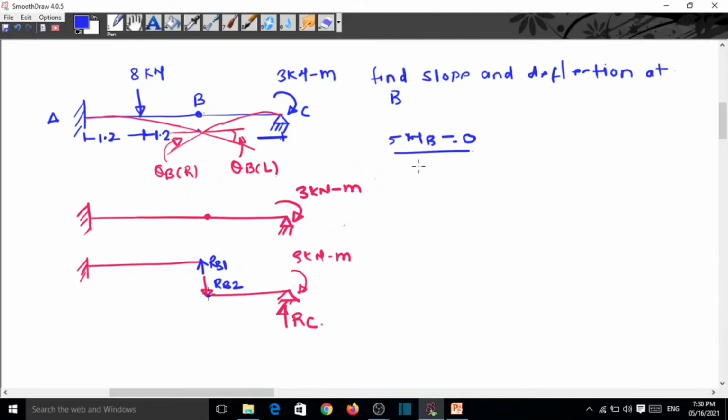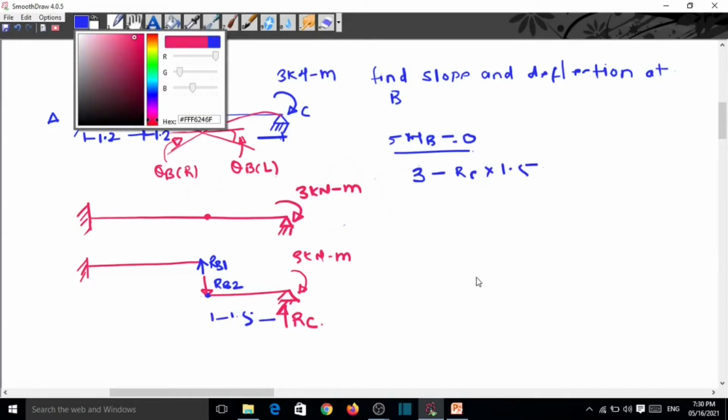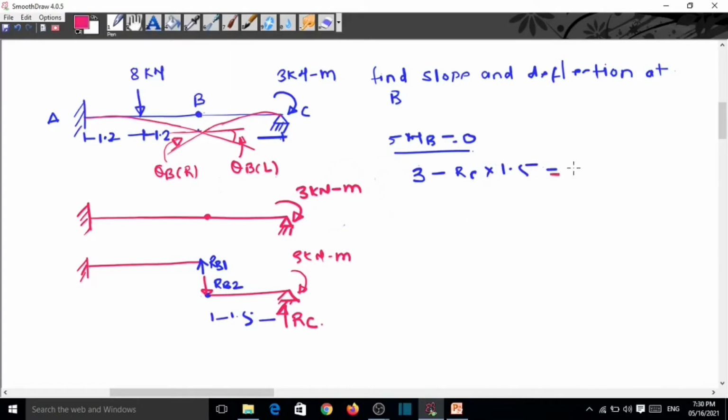This is clockwise and this is anti-clockwise, that is why it is minus RC into 1.5, the distance is 1.5, equal to 0.